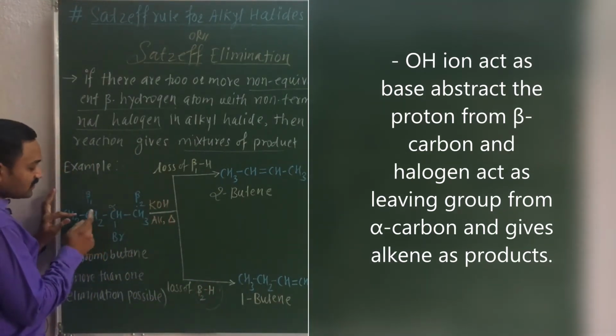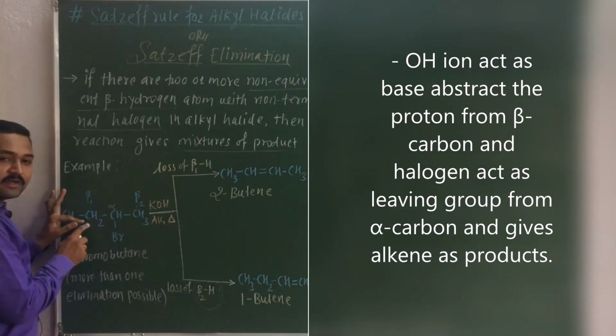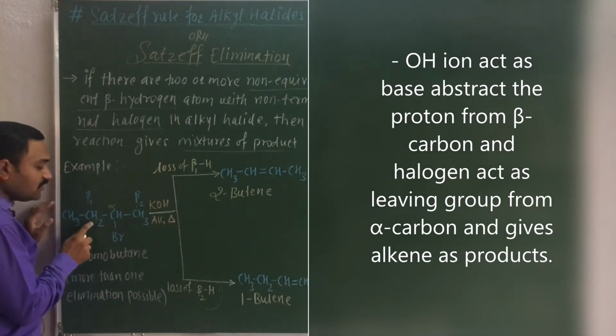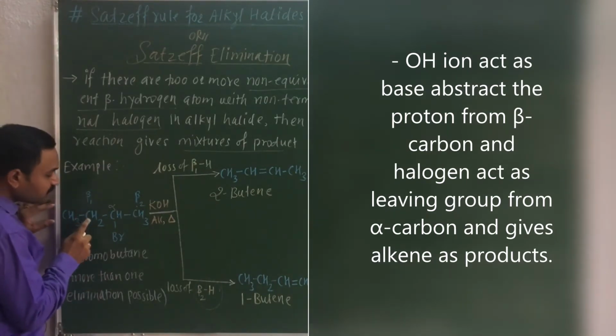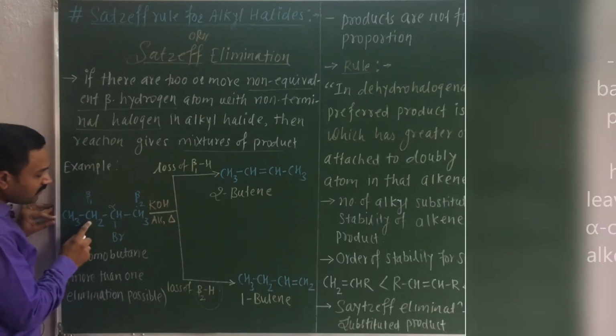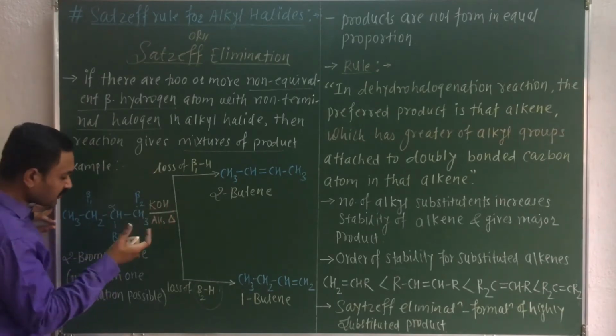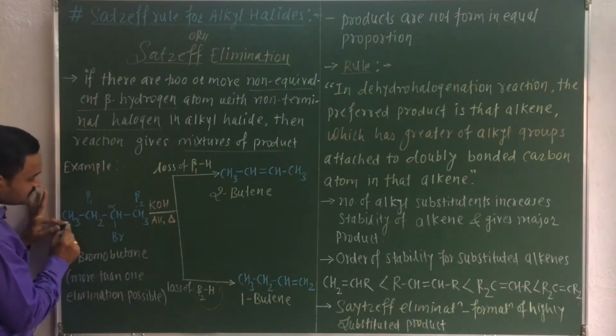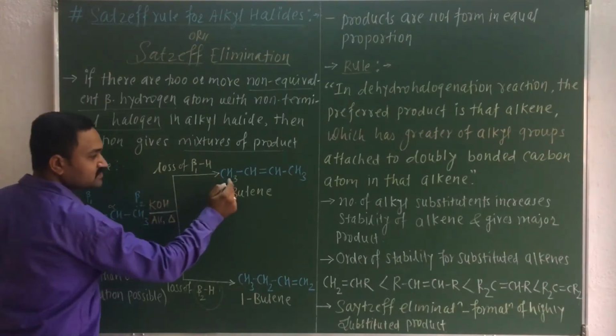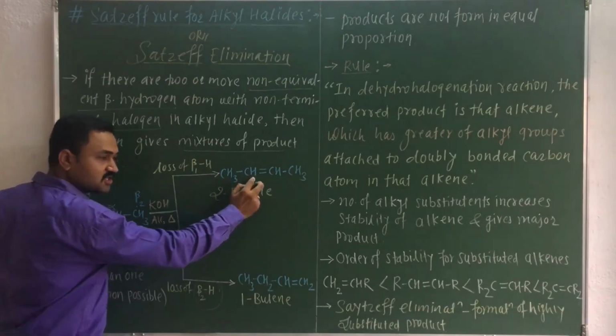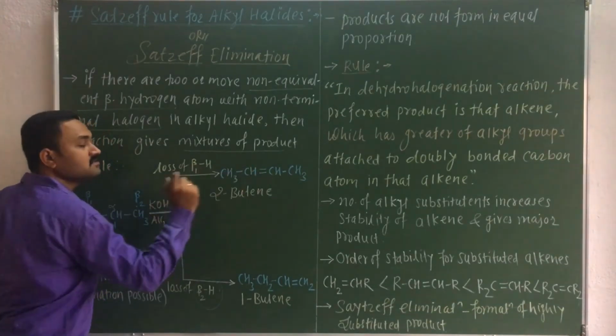Now this is also a beta carbon atom. If I remove the hydrogen atom from this position, then we obtain another product, that is CH3, CH double bond CH, then CH3.